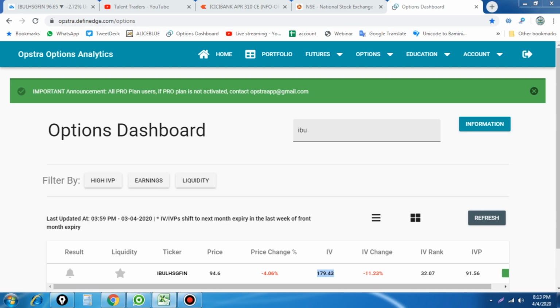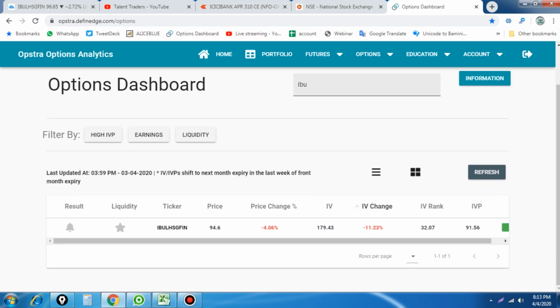So what we have to understand from this stock is the expected range of 139 and 49. We have to compare the historical volatility and implied volatility. Historical volatility is around 196 and IV is around 179, so the people's expectation is less than the history.